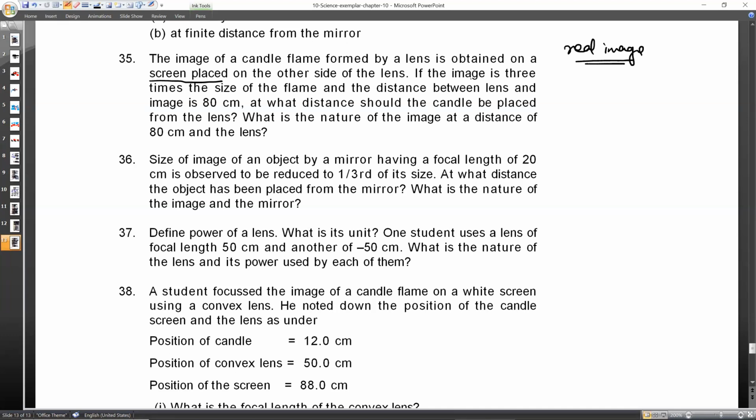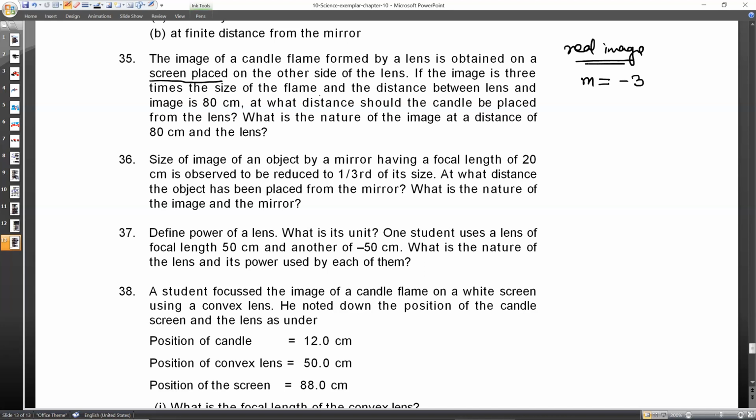If the image is 3 times the size of the flame, what does it mean? Magnification is 3. So do you write magnification as +3 or -3? It will be -3. Why -3? Because it is real.